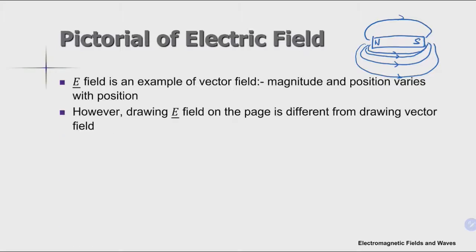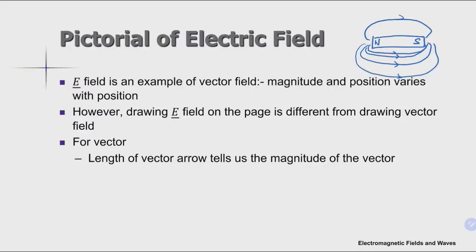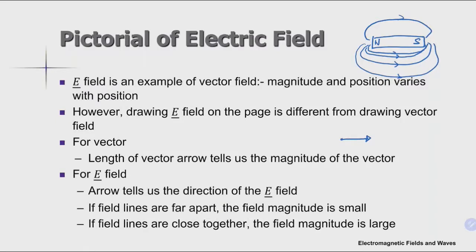So in a vector, the length of the vector arrow tells us the magnitude of the vector. Okay, so in a vector, we said that how long this line is tells you the magnitude. But in electric field, the arrow only tells you the direction of the electric field.